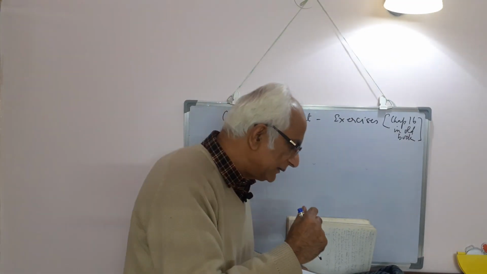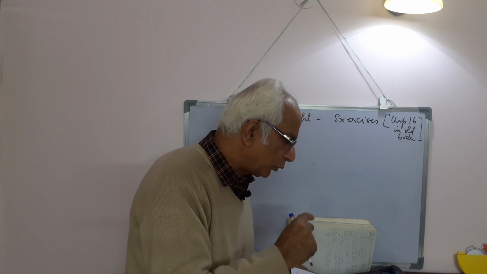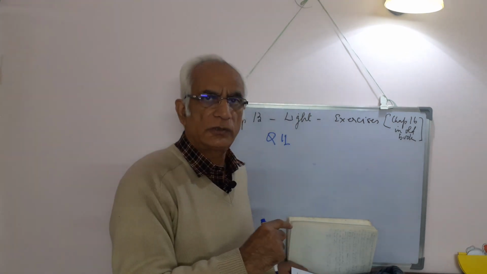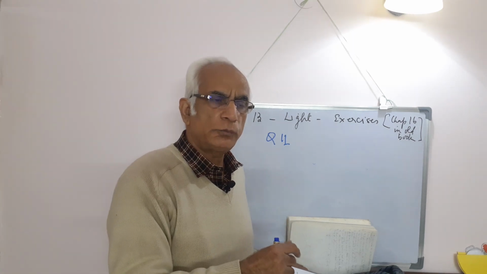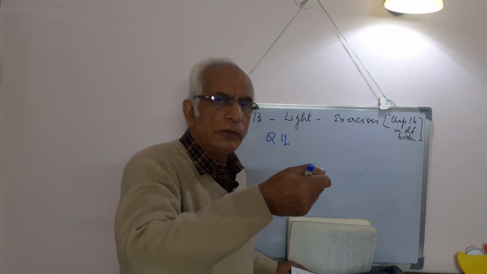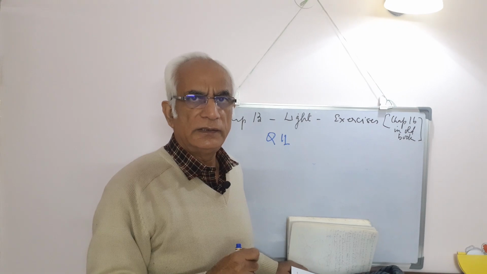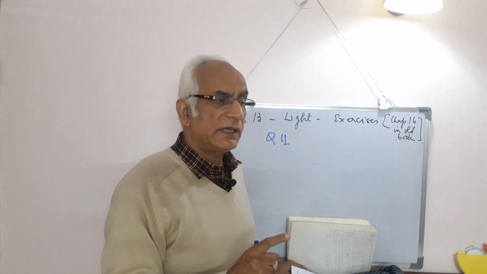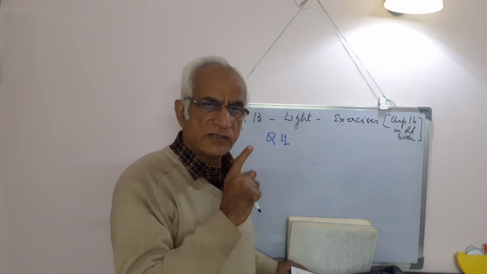Now the question is, Gurmeet wanted to perform this activity using a laser torch. One student wants to put the laser beam into the eye of another student and the teacher says no, you can't do it. Why can't you do it? Because a laser beam is a very strong light.